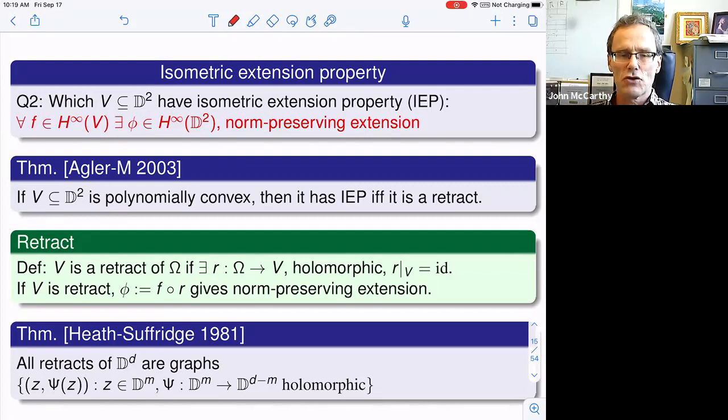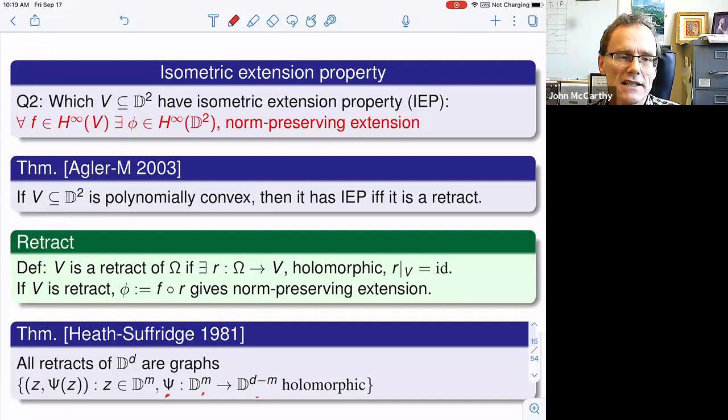That means up to a permutation of coordinates, an m-dimensional retract of the polydisk in d variables is just the graph of some function psi that maps the m-dimensional polydisk to the (d minus m)-dimensional polydisk. It's just the set of all points of the form (z, psi of z).